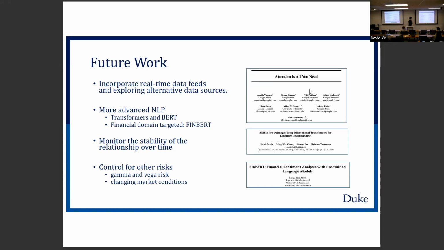And also, there are some other ways we can control this. For example, right now, our positions are delta neutral, but not gamma neutral. And also, we don't have a particular way to react to when the market regime changes, and we're still holding large positions that we entered into in the previous market regime.